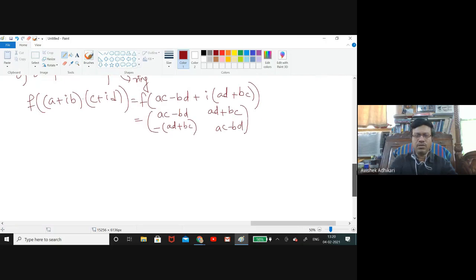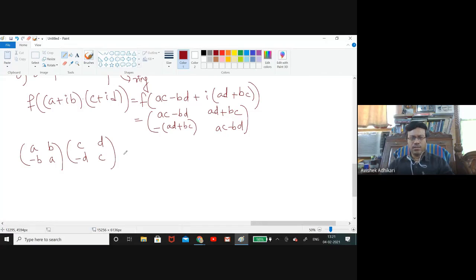Now try to check what this value is: the matrix (A, B, minus B, A) times (C, D, minus D, C). Can you multiply it quickly?